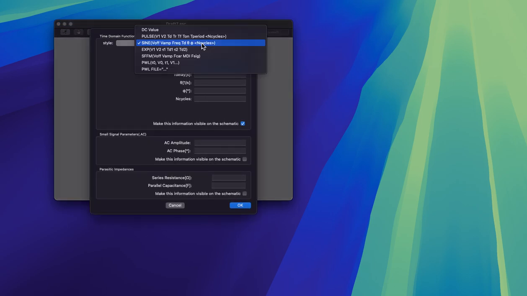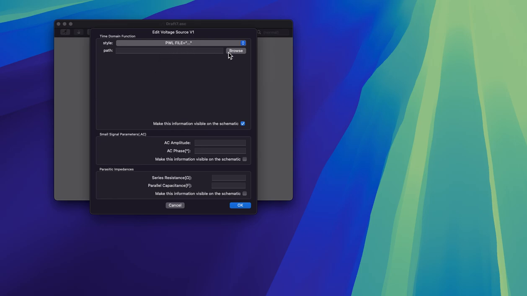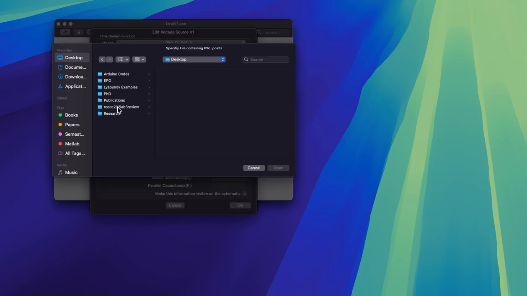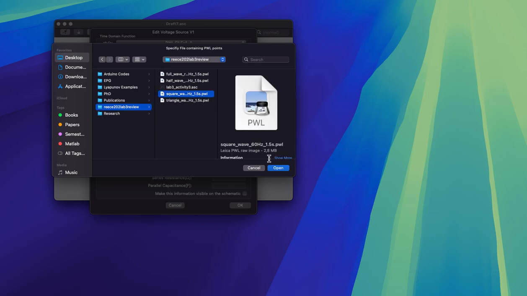Now let's go to a more complicated example. Instead of using one of these default signals, we're going to use a file to account for other types of signals, like a triangular wave or a square wave. On the PWL file, we're going to select or browse the folder that we uploaded on Canvas, where we have especially the square wave.